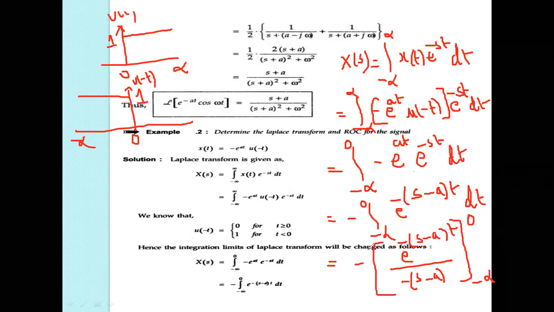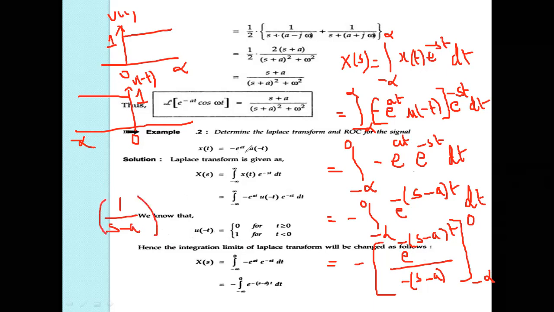So minus into minus becomes a plus. The upper limit is 0 and the lower limit is minus infinity. At the lower limit, e power infinity is 0, and at the upper limit e power 0 is 1. So 1 by s minus a.